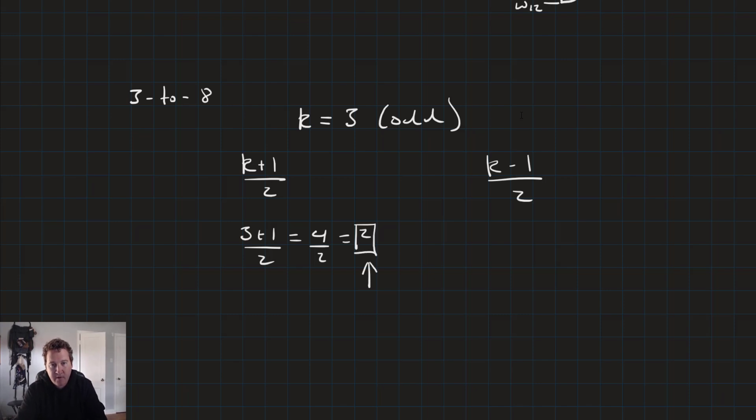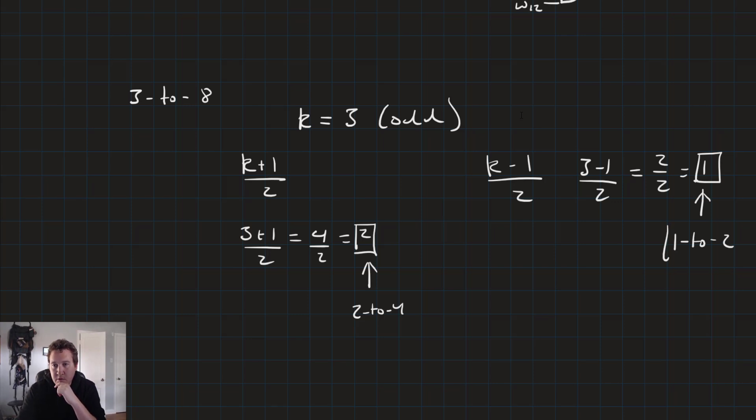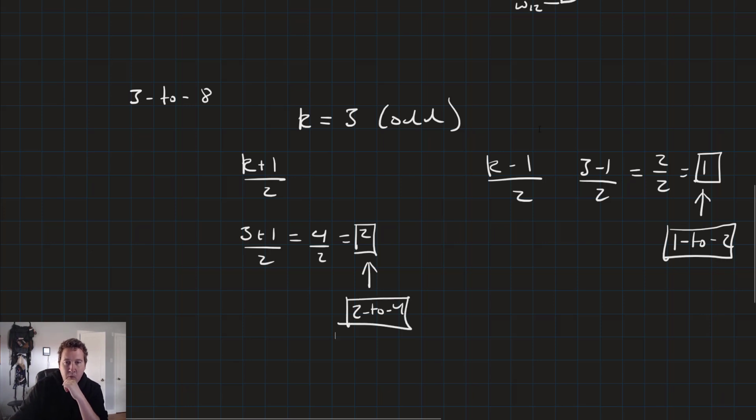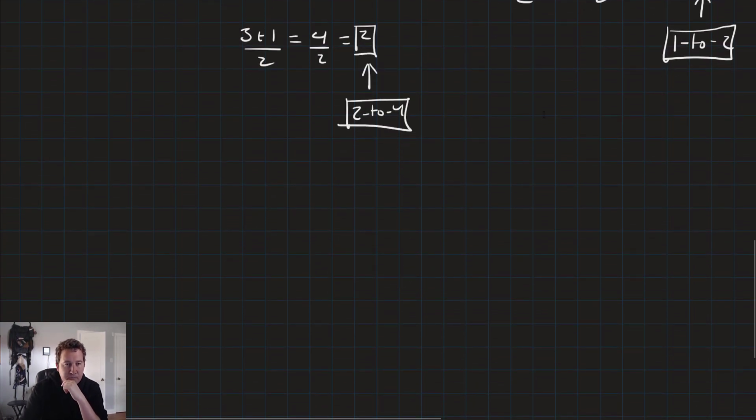So the 3 to 8 will have a 2 to 4. And k minus 1, 3 minus 1 over 2 is equal to 2 over 2 is equal to 1. So it's going to have a 1 to 2 decoder down there. So a 2 to 4 and a 1 to 2.